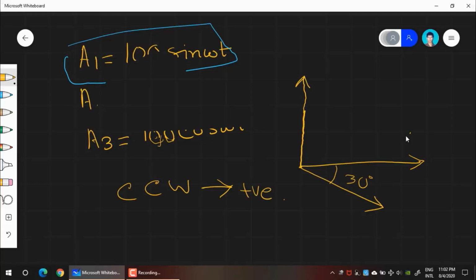You can also have that second representation, minus 100 sine omega t minus pi by 2.